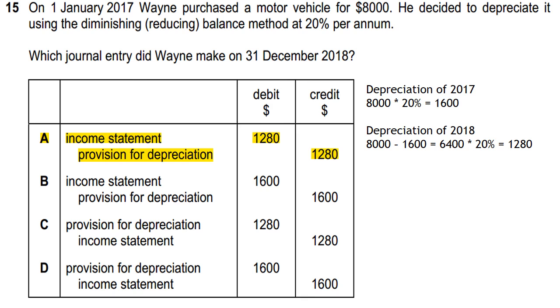And in the second year in 2018, the depreciation will be 8,000 less 1600, and net book value will be 6,400 multiplied by 20%, and that will be 1280. This will be the depreciation amount at the end of the second year, and this will be the provision for depreciation in the second year.